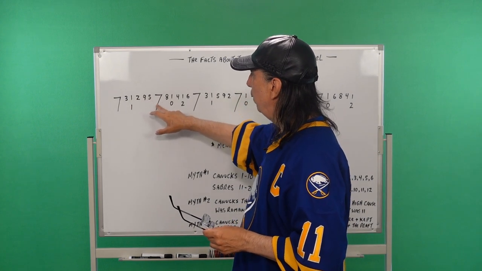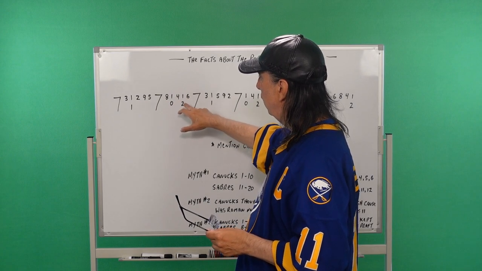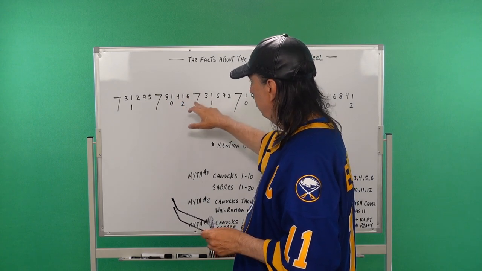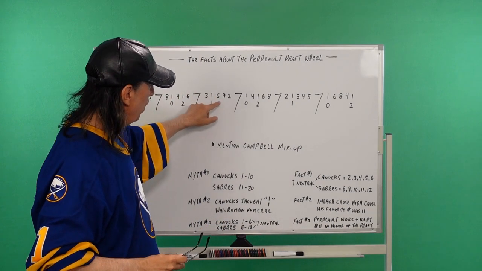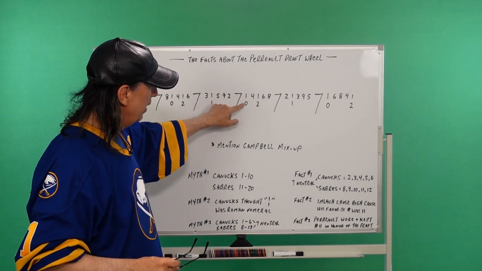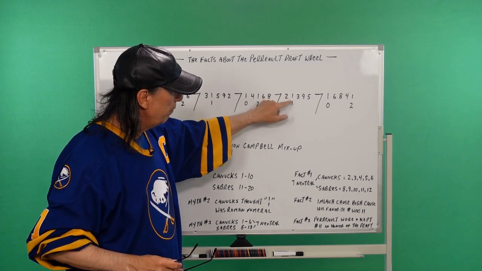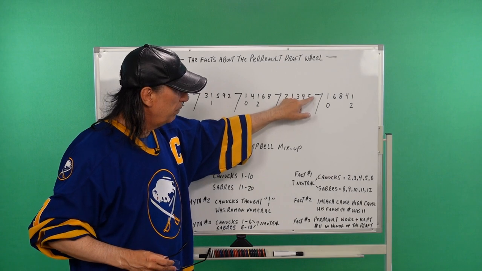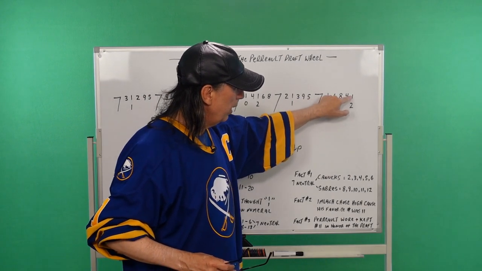Then 2, 9, 5, 8, 10, 4, 12, 6, 7 again, then 3, another 11, 5, 9, 2, 7, 10, 4, 12, 6, 8, 7, 2, 11, 3, 9, 5, 7, 10, 6, 8, 4, and 12.